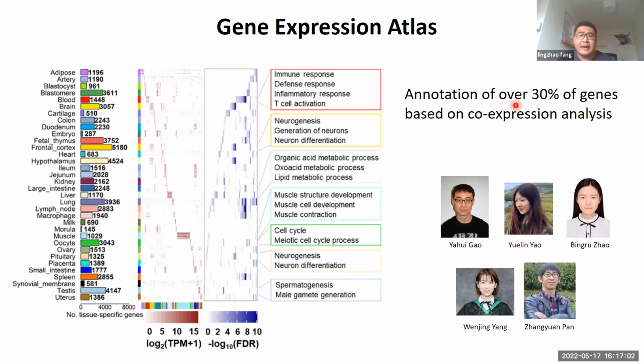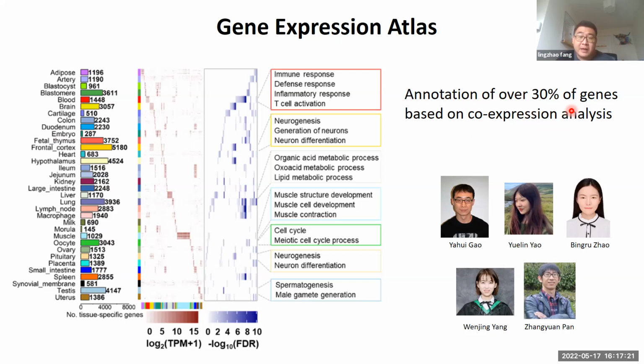This is also another piece of evidence showing that public data can give knowledge about tissue biology. Another very important application of this large expression atlas is to better understand the function of genes, because in the current pig genome there are lots of genes that only have an Ensembl ID, without annotation.